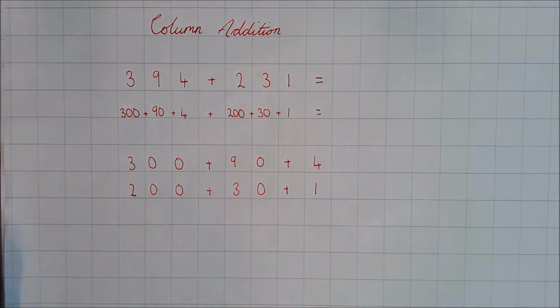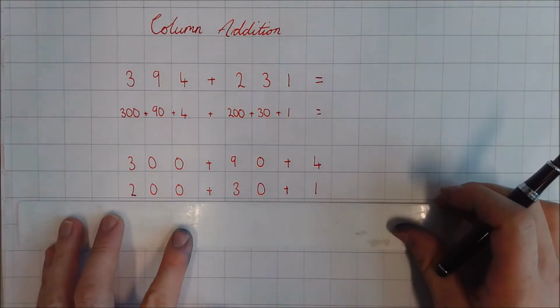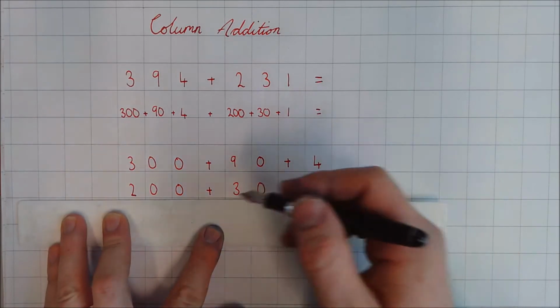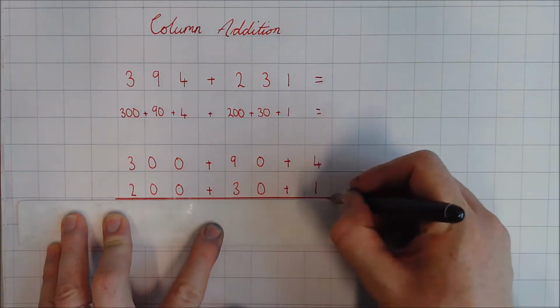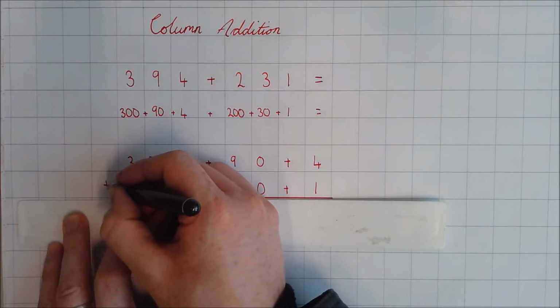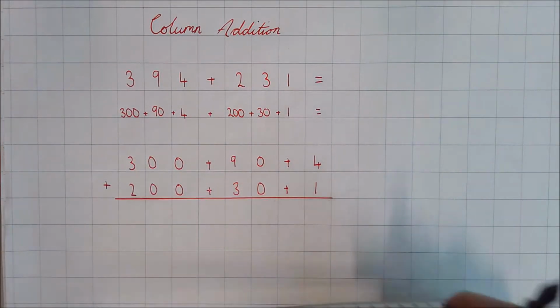Okay. Use a ruler to get this nice and neat. Put our symbol so we don't forget which operation we're doing.